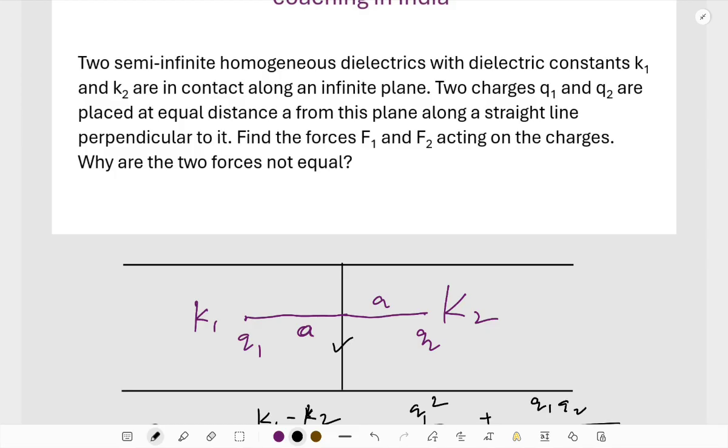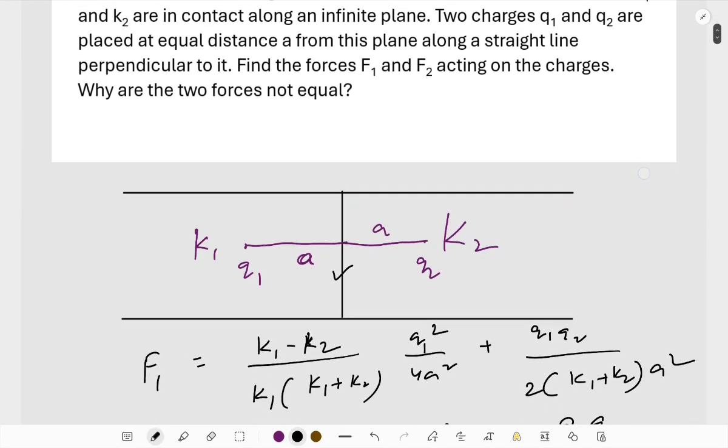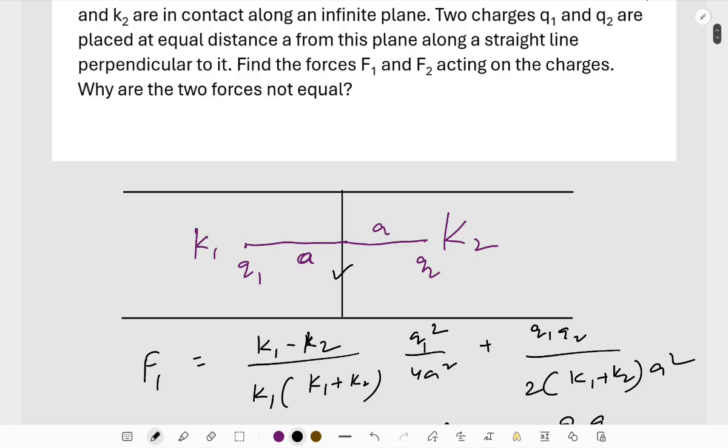And I would like to answer the second question, why are the two forces not equal? Because the forces acting on Q1 and Q2 are not equal due to the fact that the two charges do not by themselves form a closed mechanical system. There are also some other charges.